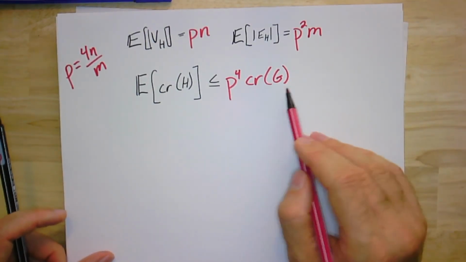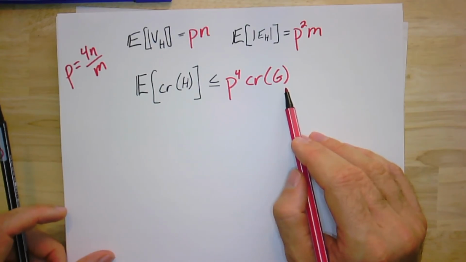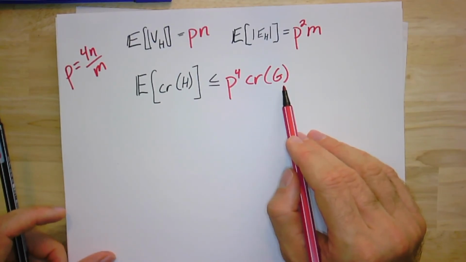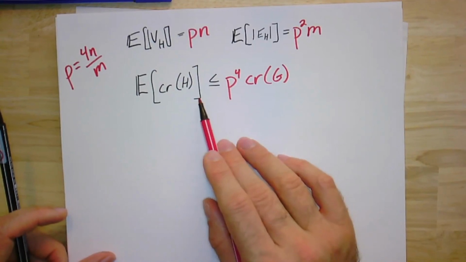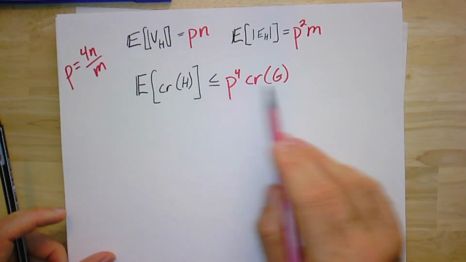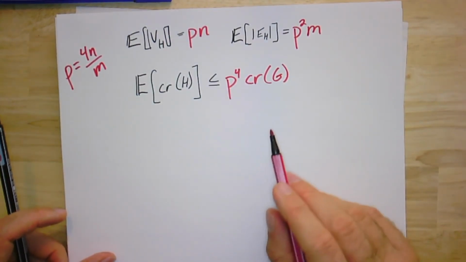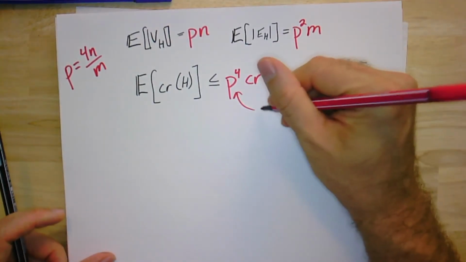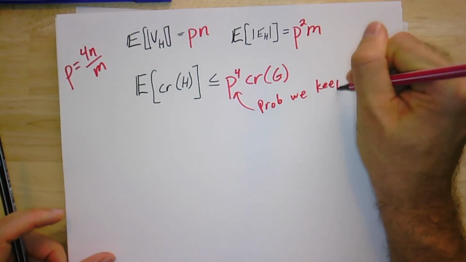If we take the best possible drawing for G, the one that minimizes the number of crossings, each one of those crossings involves 4 vertices. So if all 4 of those vertices remain, then in the sub-drawing of H, that crossing will remain. So p to the fourth is the probability we keep all 4 vertices.